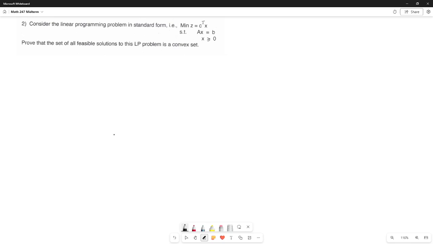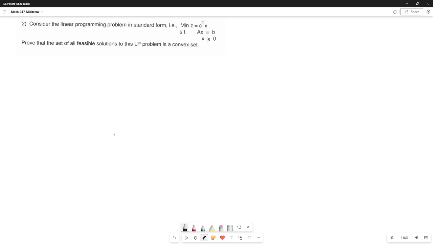So let's say the feasible solution y and the feasible solution z are within this set, and then we have some point w within this set. You should be able to make a convex combination of y and z and have that equal to w, right?